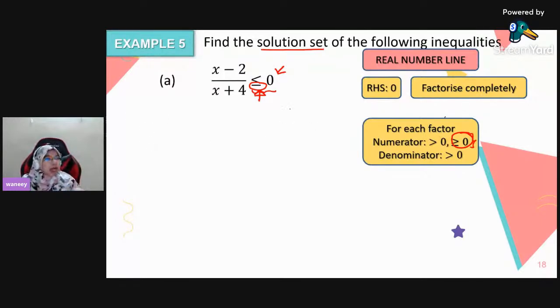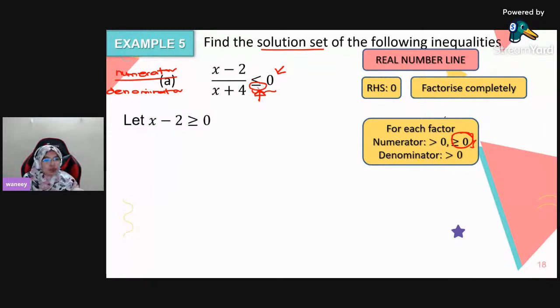Okay, so now my numerator is x minus 2, just in case yang masih belum mahir numerator dengan denominator. Numerator, denominator. So numerator is at the top, denominator is at the bottom. Now you're gonna let your numerator be greater than or equal to 0. So I choose greater than or equal to 0 because I have an equal sign in my question.